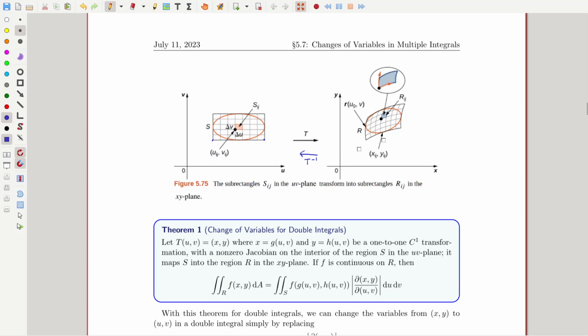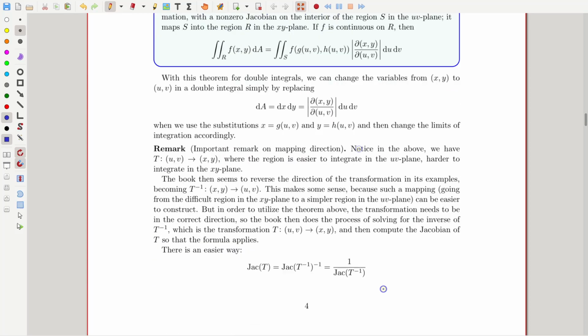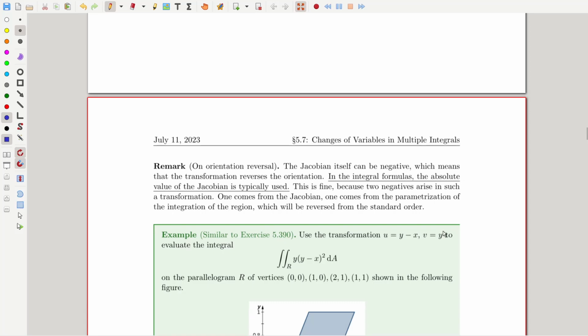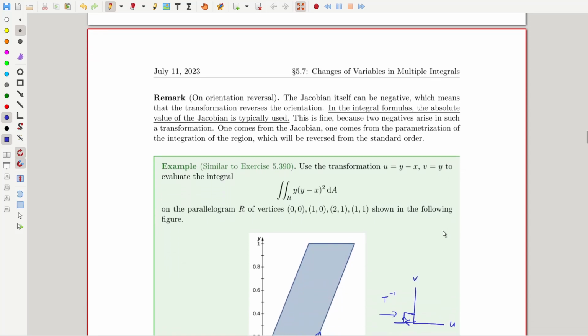That gets rid of this orientation concern, right? Because the two negatives will cancel, we can think of it in that way. Okay. Now the book doesn't describe it in that way. I don't know why. I think this description makes a lot more sense.